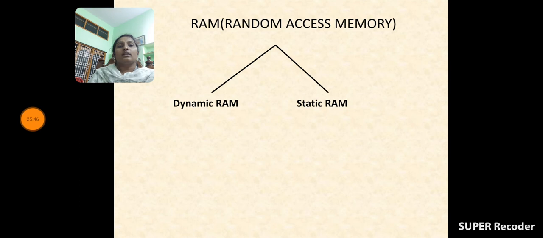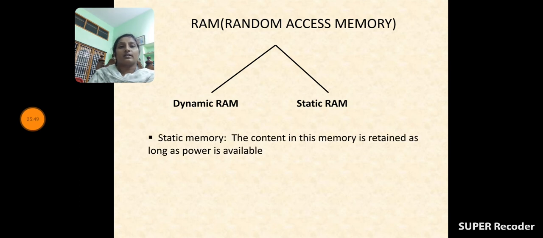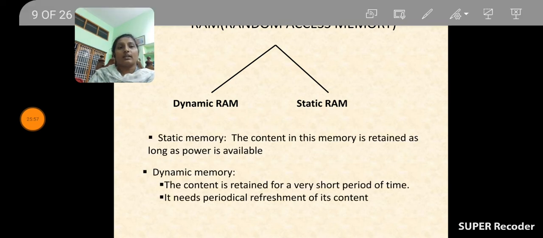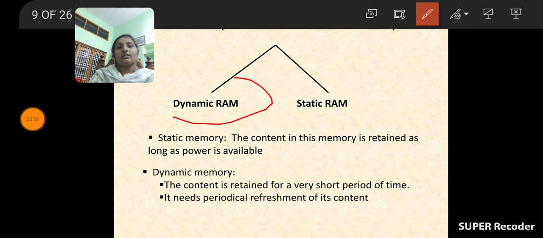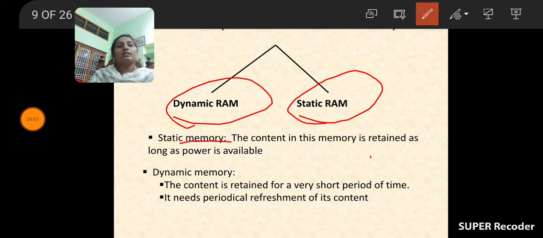And see here, in the last class I told you random access memories are of two types. How many types are there in random access memory? Two types: dynamic random access memory and static random access memory. So see here, while coming to the static, the contents in the memory are retained as long as the power is available. Retained means present.